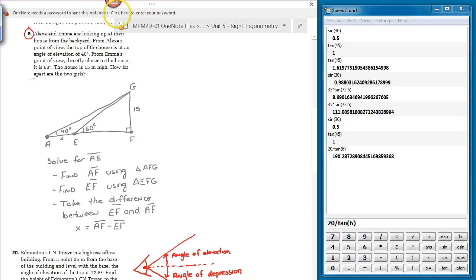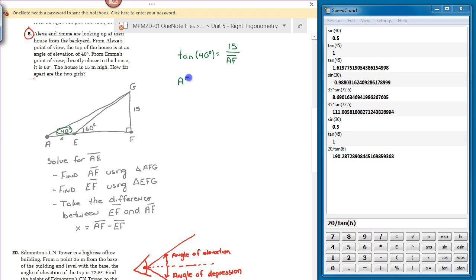Okay, so let's go through, we'll color code our steps here. So step 1, we're going to find AF using AFG. So if we look at AFG, we know our angle is 40 degrees, and we know that 15 will be the opposite, and AF will be the adjacent. So therefore, if we have the opposite and the adjacent, we use tan. So tan of 40 degrees is equal to the opposite, which is 15 over AF.